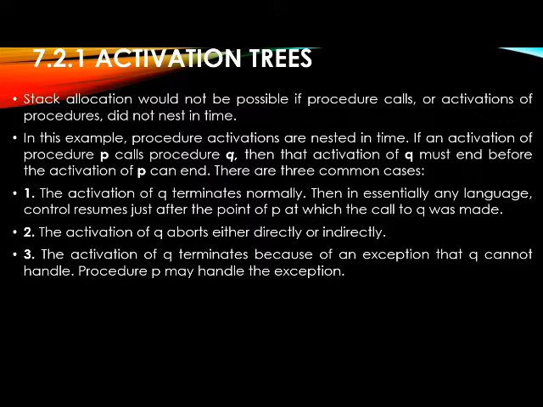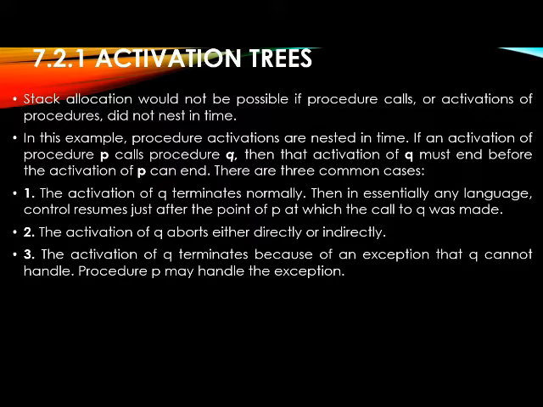The next situation is that the activation of procedure Q aborts, either directly or indirectly. That means that particular procedure Q can be terminated directly by procedure Q or indirectly. The third situation is that the activation of Q is terminated because of an exception.